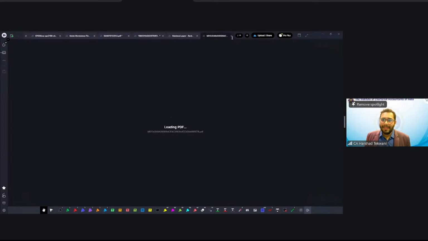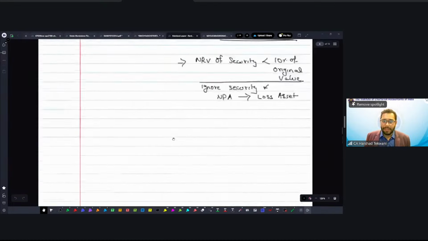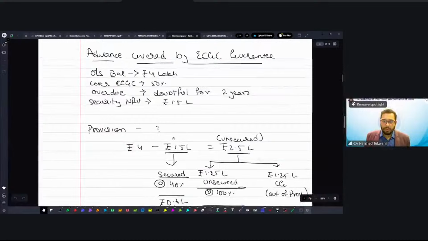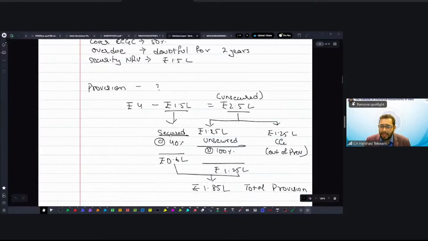If something is backed by the central government guarantee, we do not count that as an NPA. I'll take you to that specific example. Yes, this one. Advance covered by ECGC guarantee or any central government guarantee. I will not count this as a provision or NPA part. Reason, because for me, this is backed by the central government. I cannot say this becomes non-performing or that I will not recover any amount out of it.